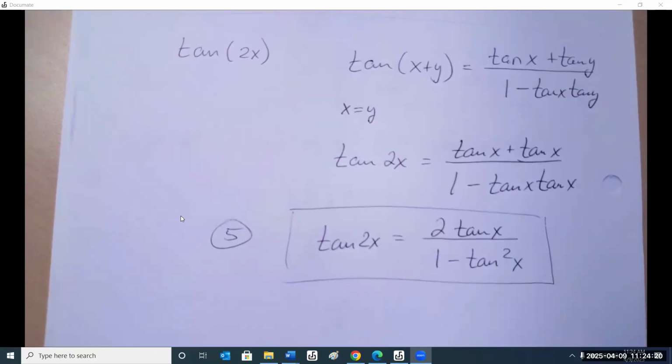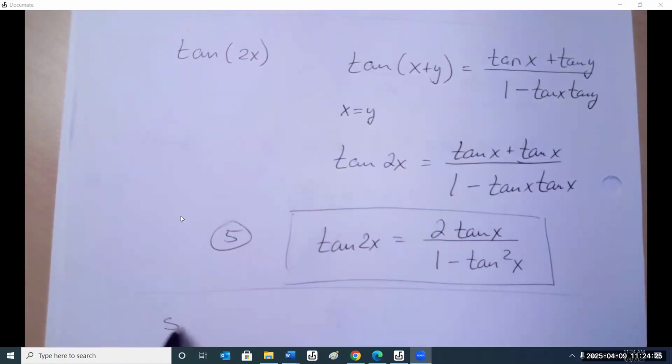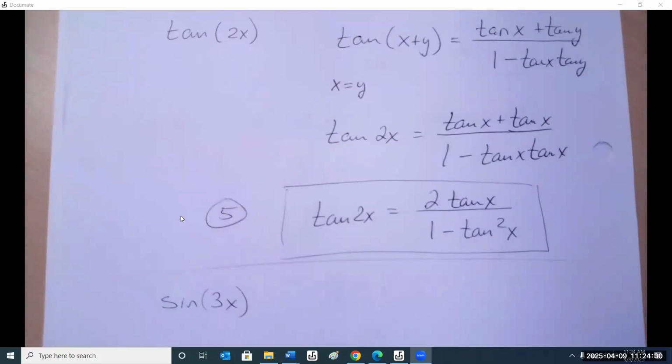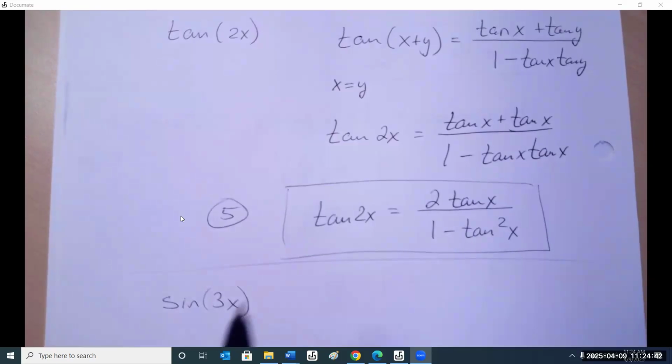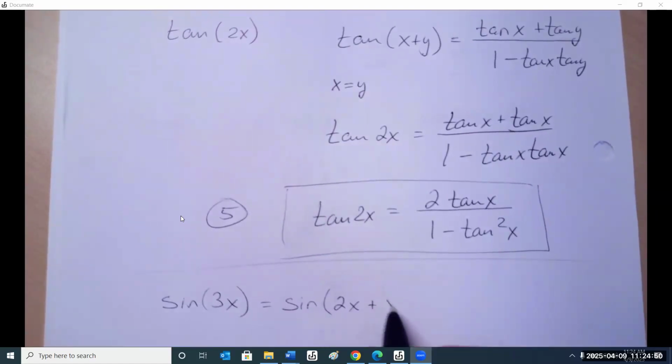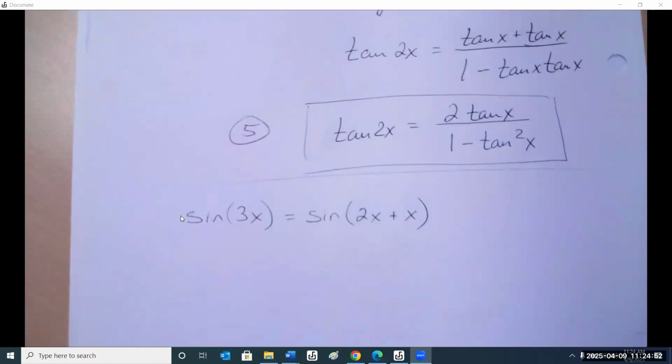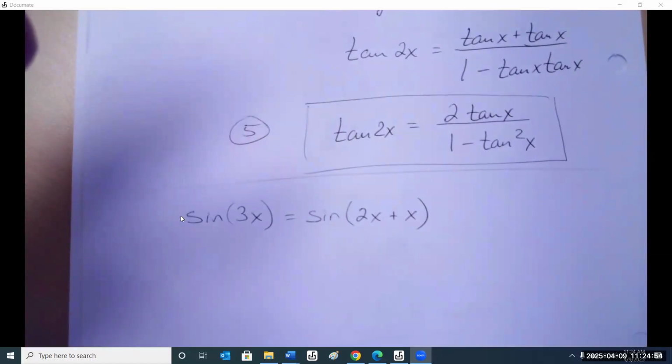This is our fifth formula that we'll be using. Find an example for that one. No. We have to do sine 3x first. So how do you think we'll solve sine 3x? Break it down. Essentially, we'll first split them up and make it into a sum of two angles.